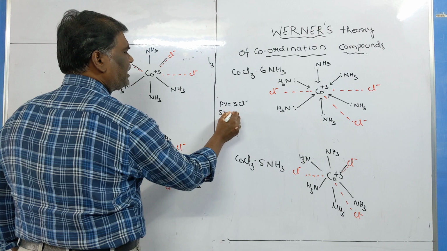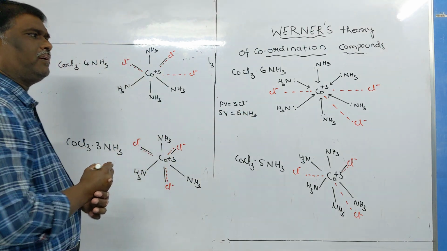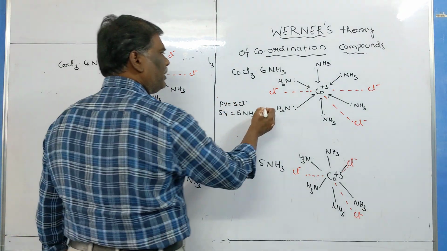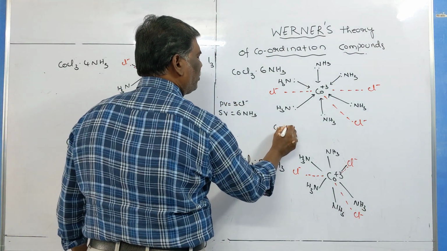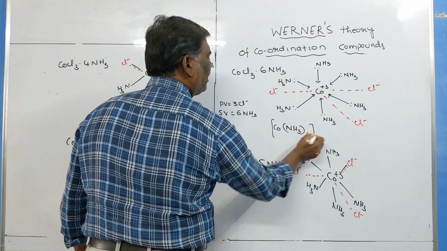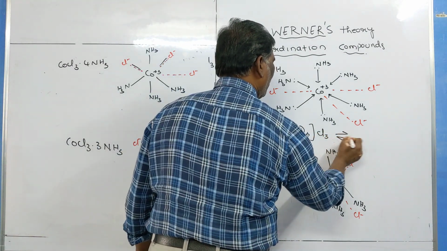Secondary valency is satisfied by 6 NH3 molecules. Now when I take this complex compound, [Co(NH3)6]Cl3, how many ions does it ionize to produce?